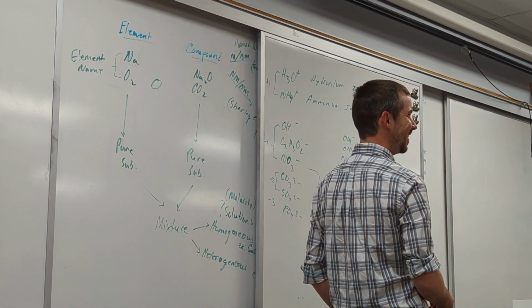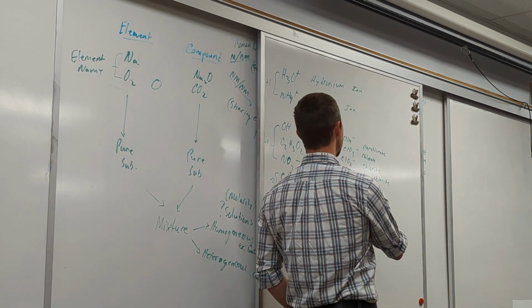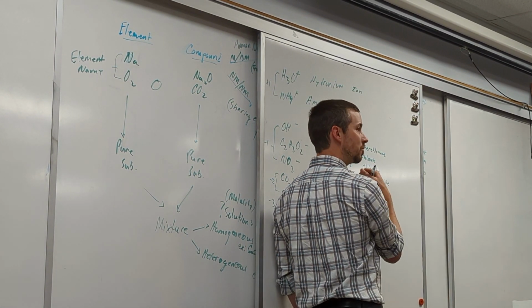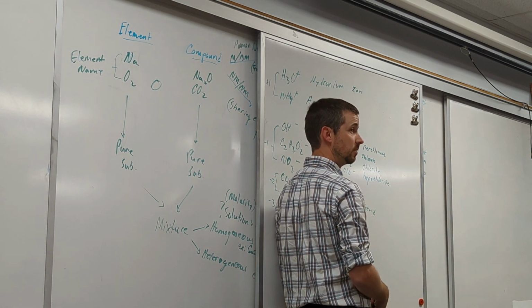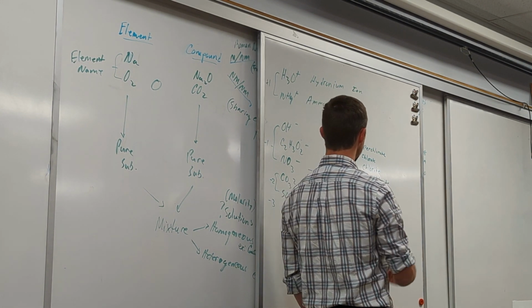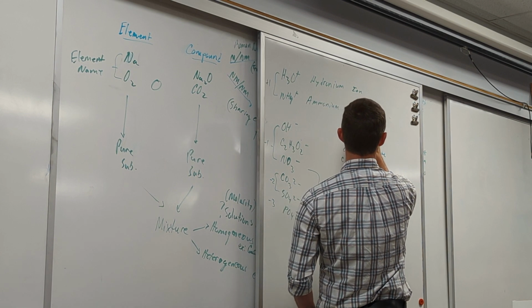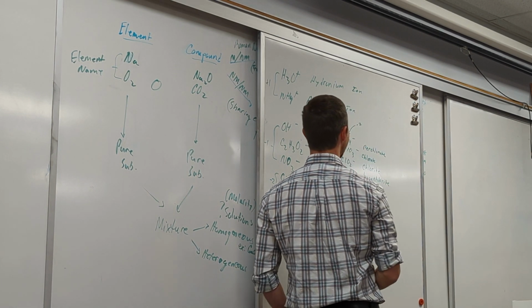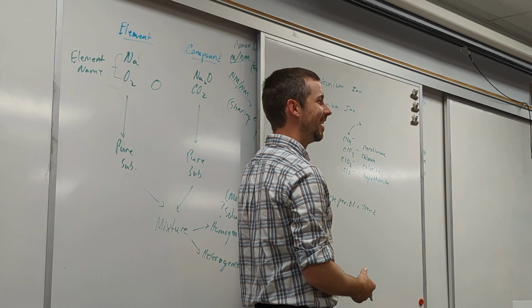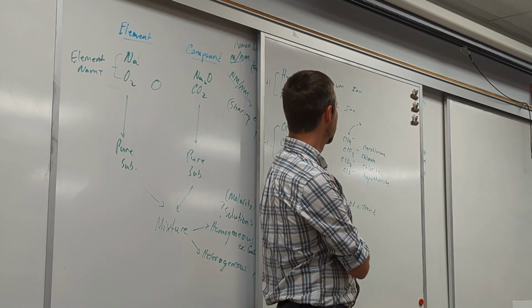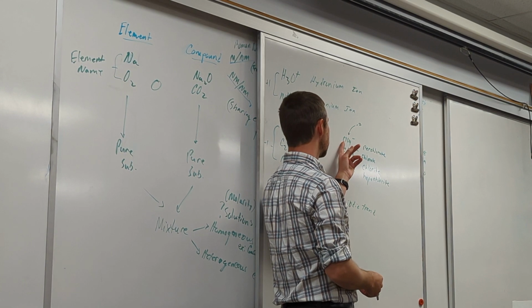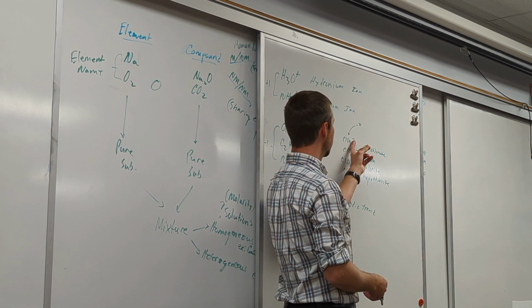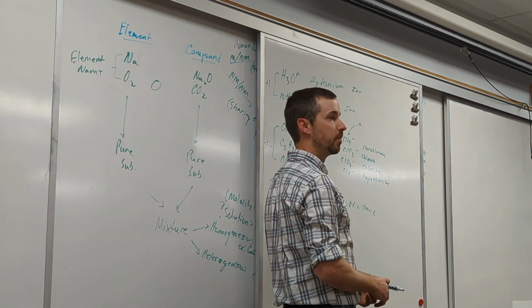What's the oxidation state of oxygen in each one of these? -2. Yeah, not face state, oxidation state, but -2. So -2 times 4 is -8. What must be the oxidation state of chlorine in order for it to be a -1 overall? Positive 7.